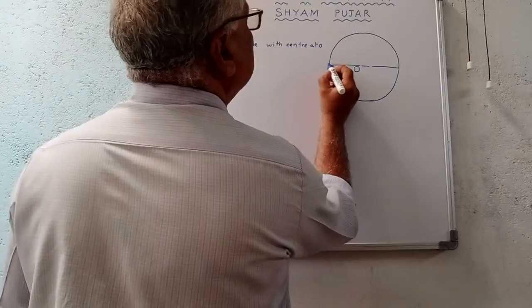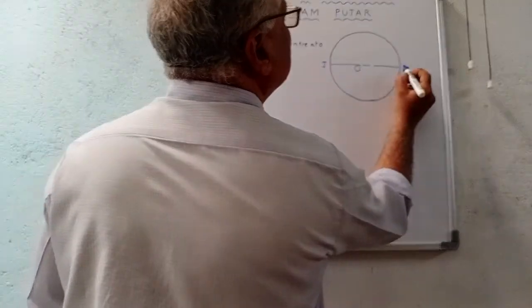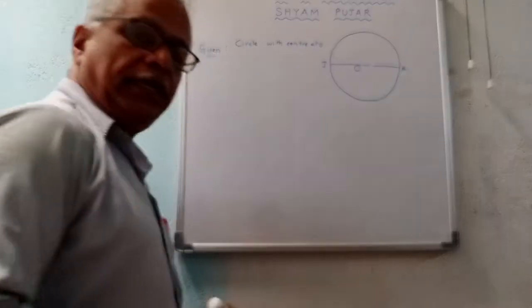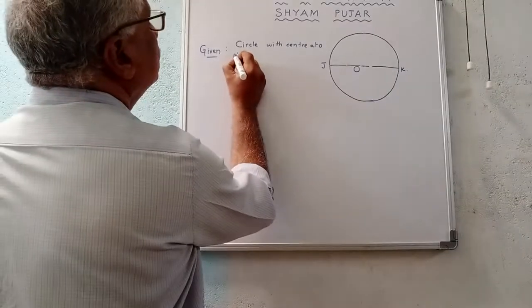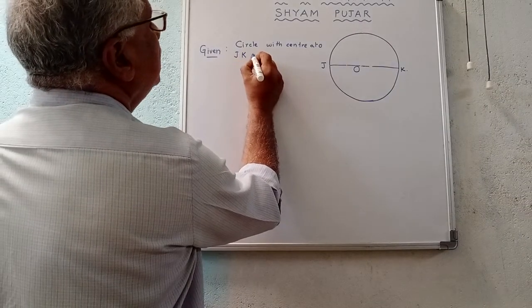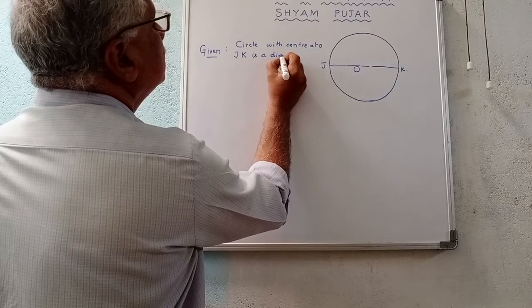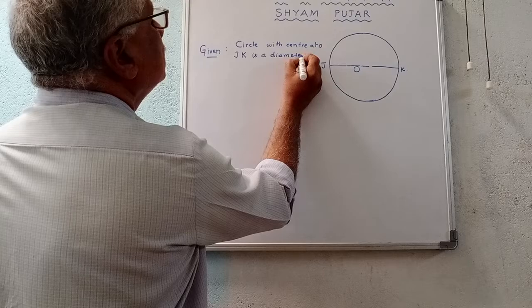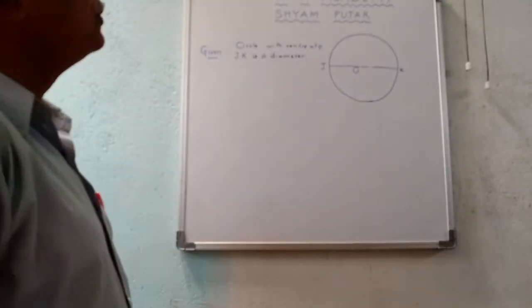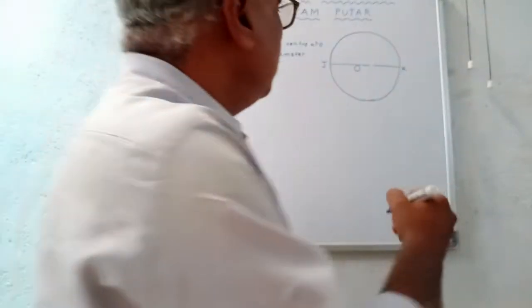Let us say JK is a diameter. So we'll write down that also. And we have to draw two tangents now.